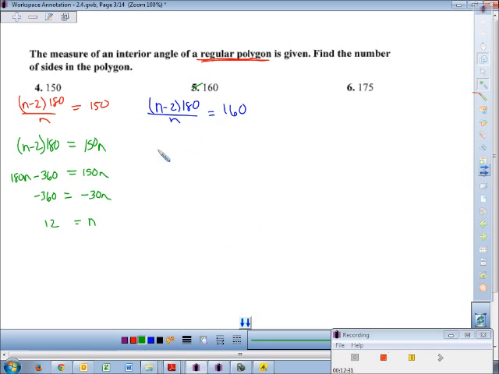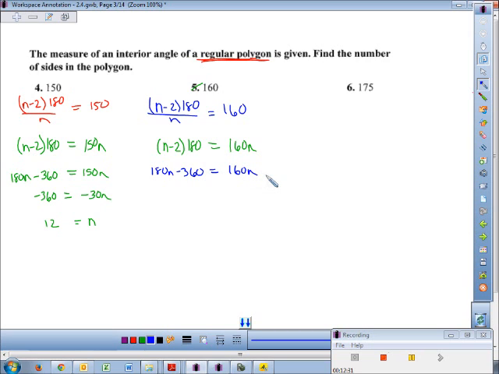Multiply both sides by n. Feeling good with that? Then what's the next move after that? Distribute. So that'd be 180n minus 360 again. And that would equal 160n.